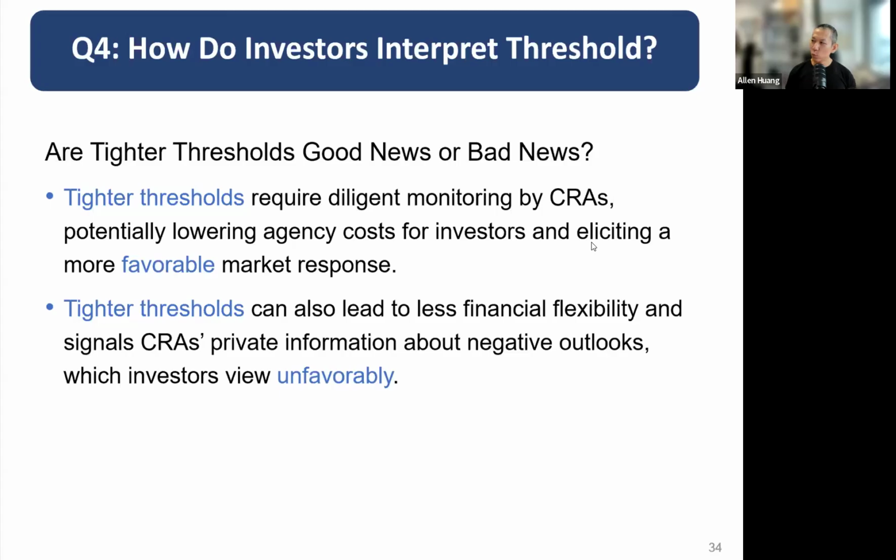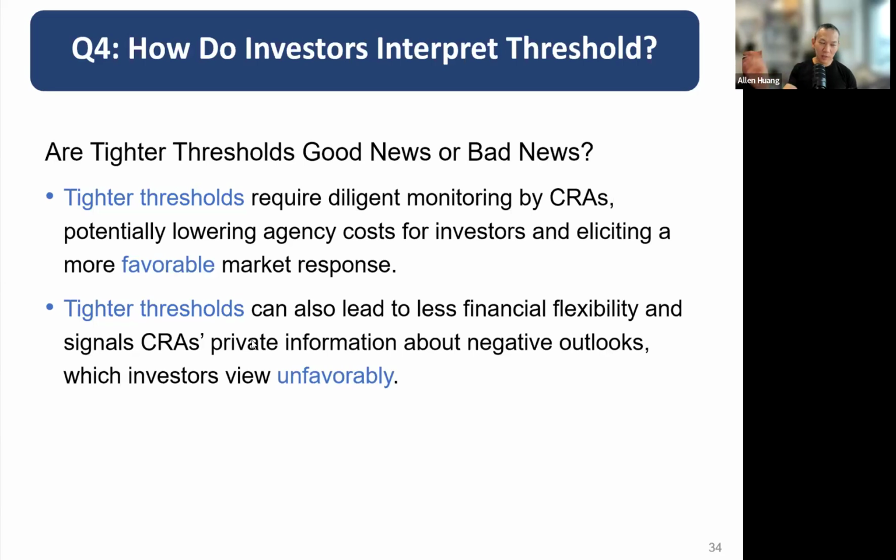Right. So we think of it that if you look at the hypothesis that we had earlier on the investment opportunities, when the credit rating agencies see that you have better investment opportunities, they will give you looser thresholds. So it could be that these tighter thresholds actually reflect some private information about negative outlooks.